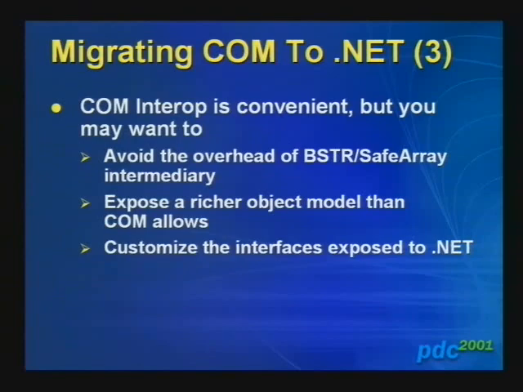So if you call through this RCW, if, for instance, your implementation of your ATL object had a normal character buffer, and at the COM interface you translate that to a BSTR, and then you call through the RCW, what you will see is one conversion from your C++ or C data type to the BSTR data type, and an additional conversion from the BSTR to the System.String, which is, of course, one conversion that could be avoided going in, and the same conversion that could be avoided coming back out if it's an out or a retval parameter as well.